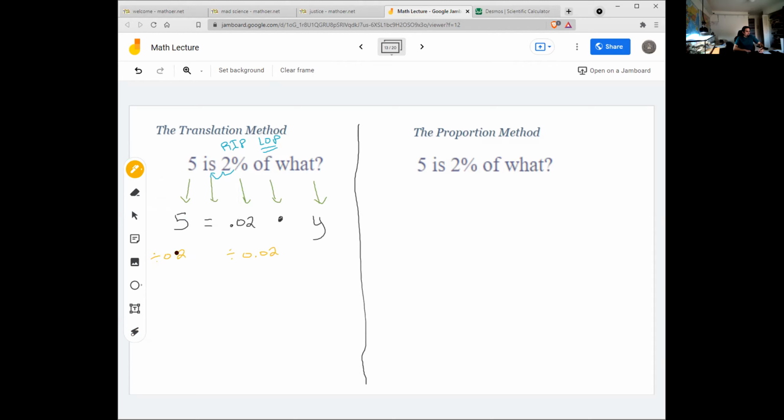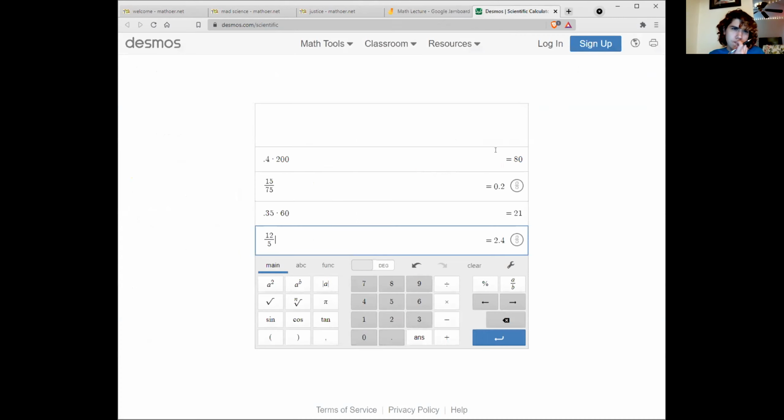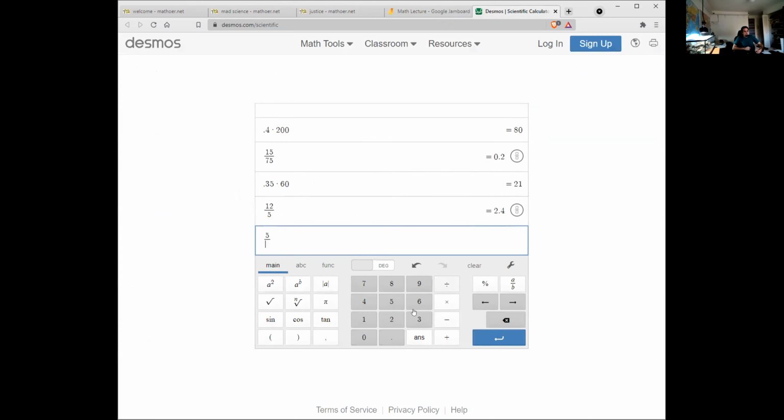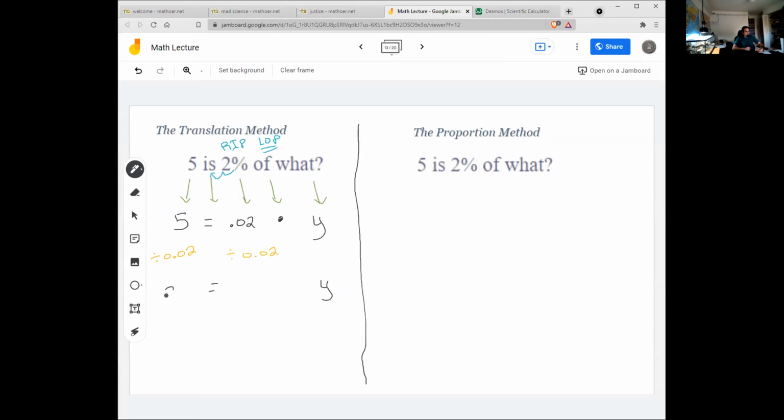Does dividing by a tiny little thing make things bigger or smaller? We did that earlier with powers of 10. Bigger. So 5 divided by 0.02, 250. That's the answer.